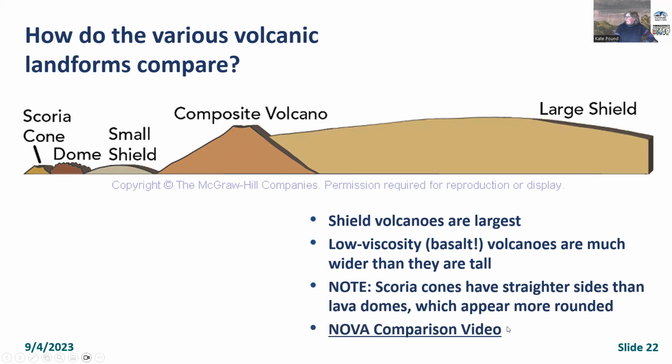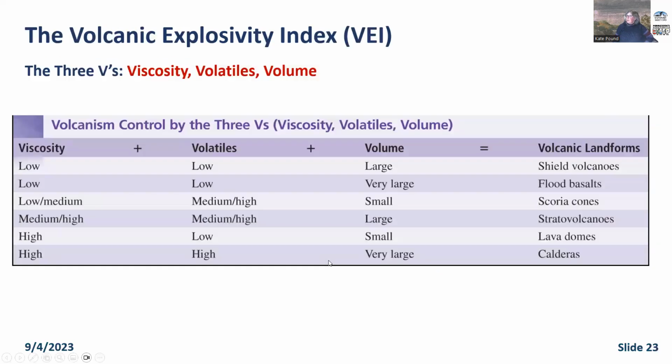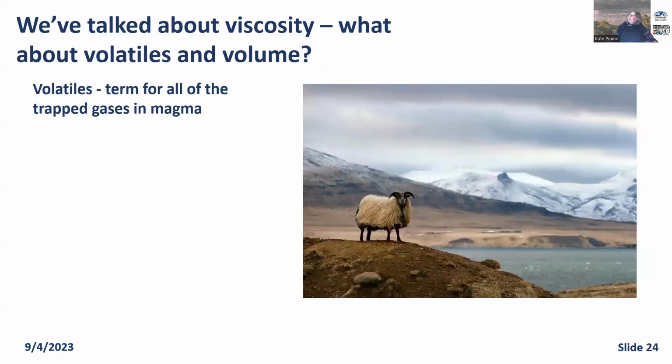And there is a very good comparison video by Nova summarizing the difference between these volcanic structures. Now, there's also something that's important and gets used for trying to evaluate hazards. That's the volcanic explosivity index, and it involves viscosity, volatiles, that's gases, and how much material is erupted.